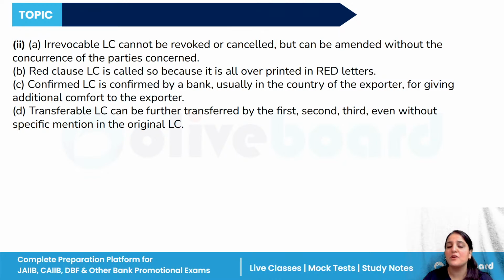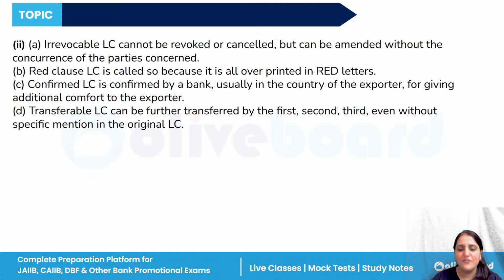This is incorrect because the term red clause does not refer to the color of the text. It signifies that the LC allows the beneficiary to receive an advance payment before the shipping.